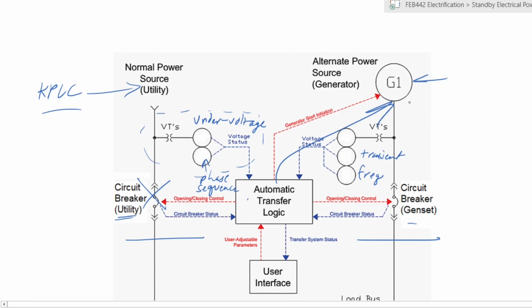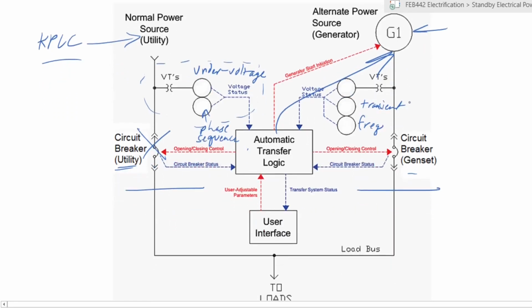Then it starts up, and when it attains the voltage that is required, this is sensed through what we call VTs. VTs are voltage transformers. The purpose of VTs is to step down voltage so that they can be used with instruments.